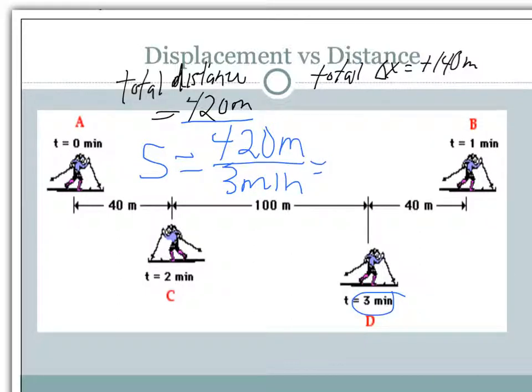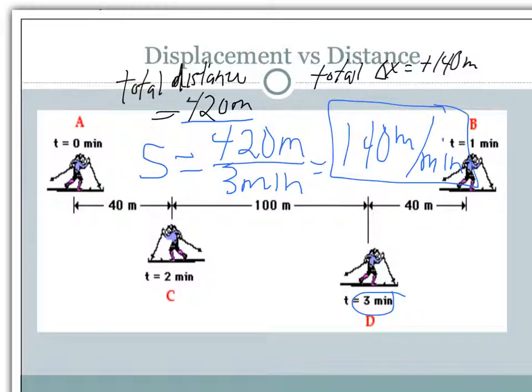So 420 divided by 3 is 140 meters per minute. So that would be your answer for total or average speed for the skier.